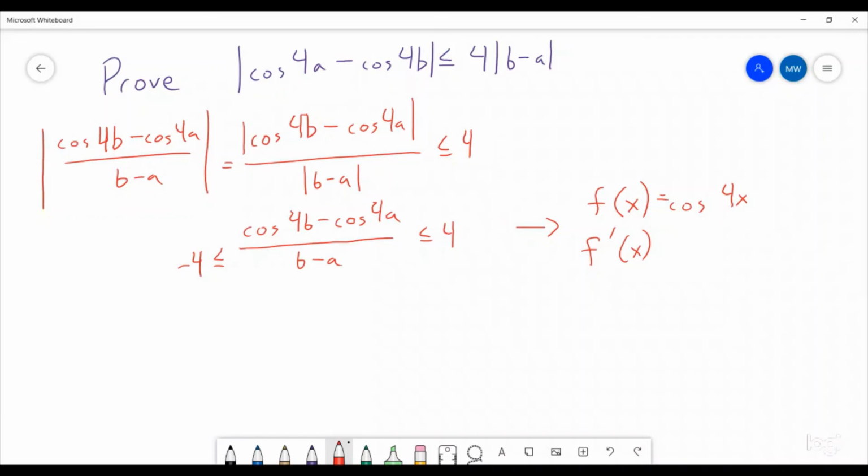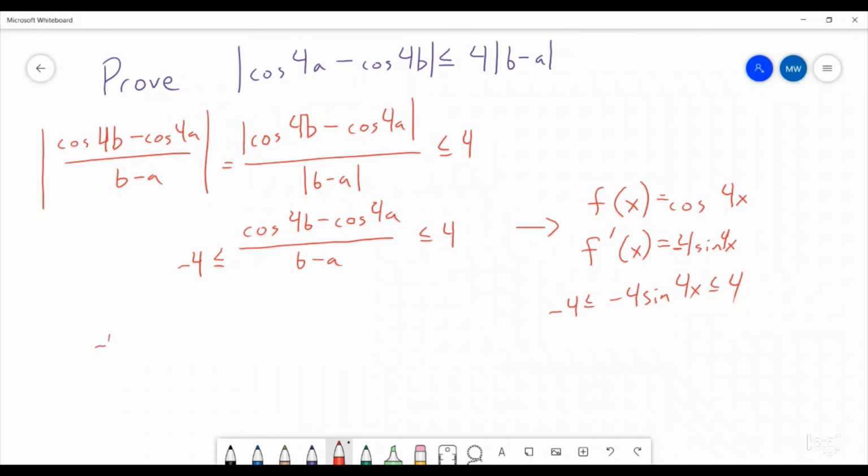So f prime of x is going to be equal to minus 4 sine 4x, sorry, and that's always between -4 and 4. Which means that the derivative of our function f of x anywhere has to be between those things, which means no matter what we put in, that's going to have to be the case. So that is how we would be able to show that in this sort of situation.